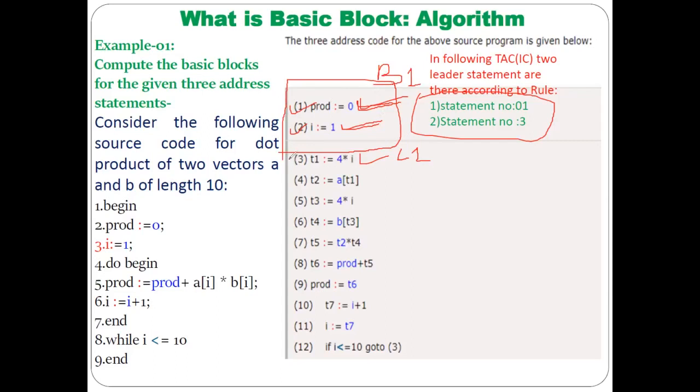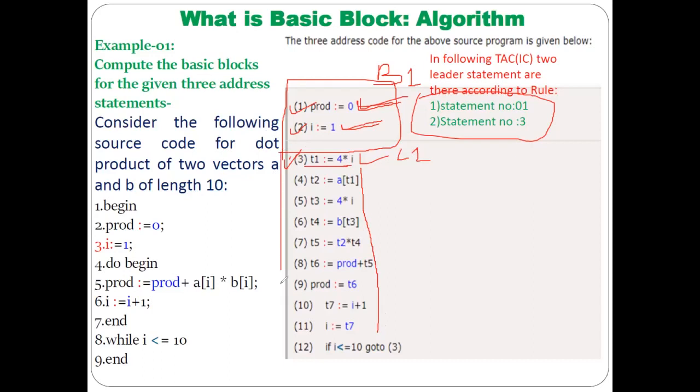Now your second basic block will start from statement number 3, because this is a leader statement. All the statements following this leader, including the leader itself, come under this basic block.